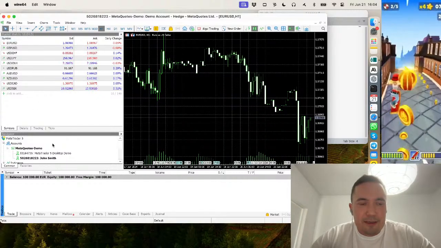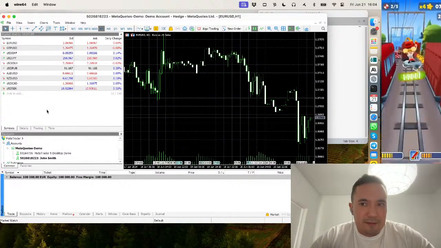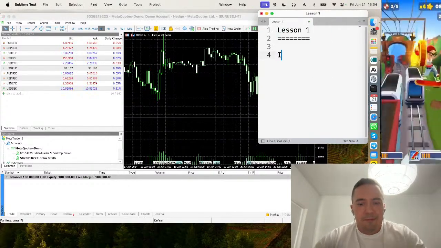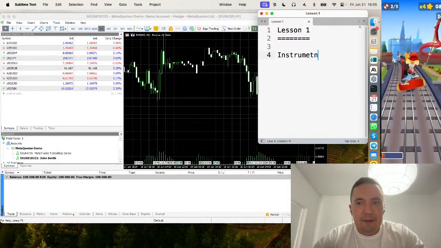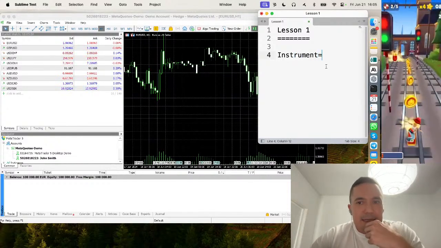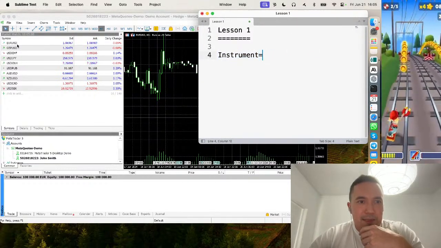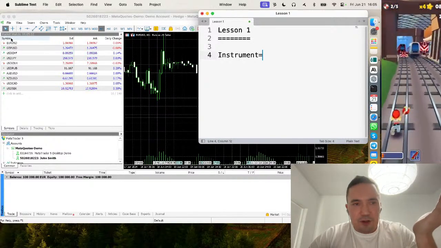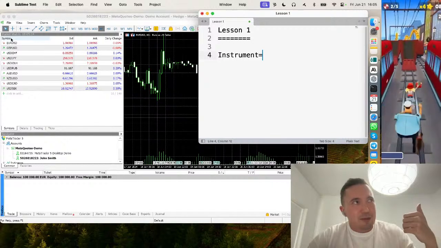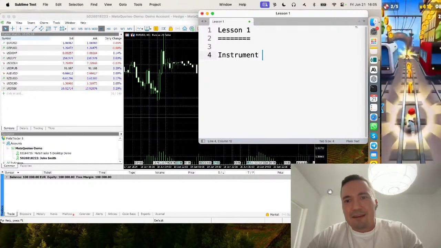These are called trading instruments. Okay, let me write this down. Instruments. The name of the instrument is called a symbol, but we will use it interchangeably, so it's the same thing for us.